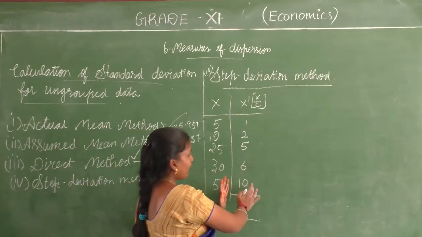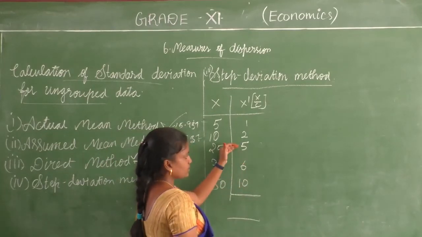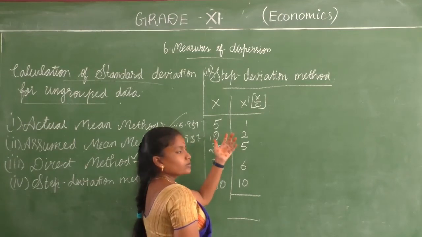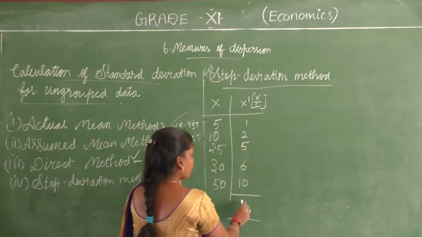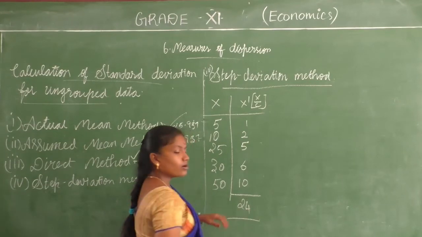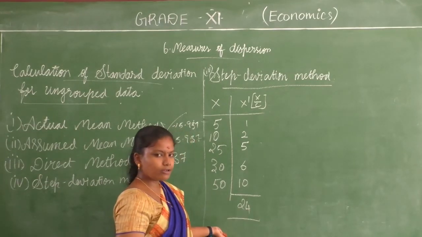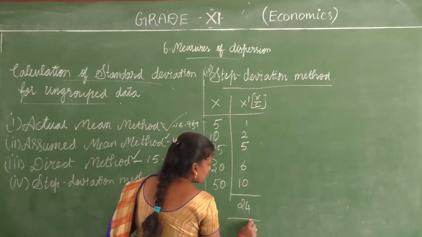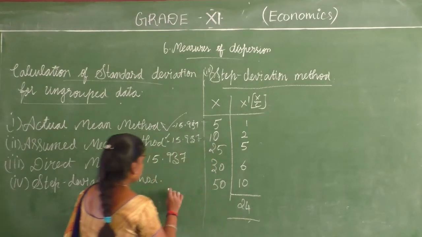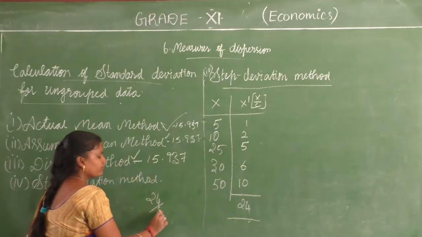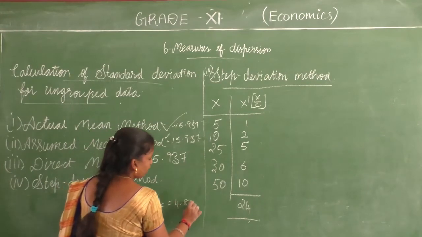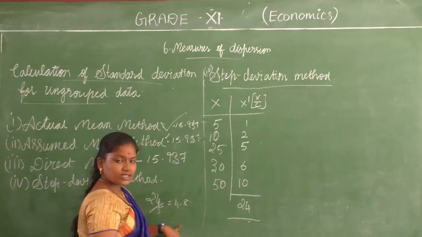So how do you add it? So 10 plus 6, 16, 16 plus 5, 21, 23, 24. So what is your arithmetic mean going to be here? 24. So let's do it. 24 divided by 5, you will be getting a value of 4.8. That is your what?